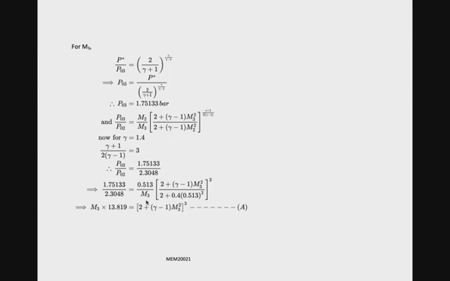Putting the values, we get the final equation: M3 multiplied by 13.819 equals 2 plus gamma minus 1 into M3 square, whole cube. Let us name this equation A, as this would be further used for M3.